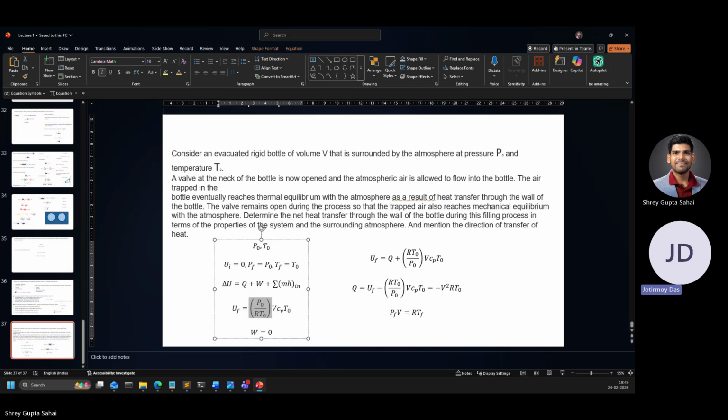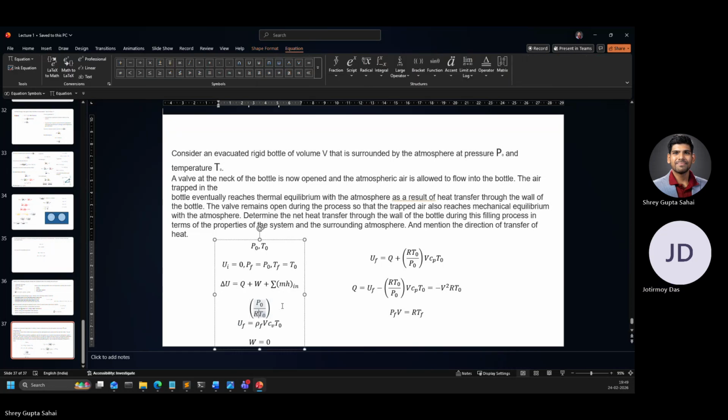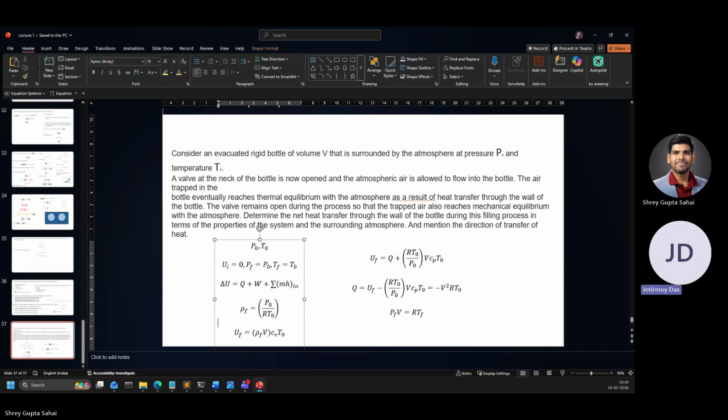Let me write this. It was rho V Cv T naught. What is this? This is mass, M final.